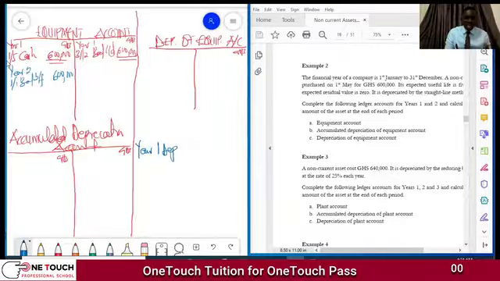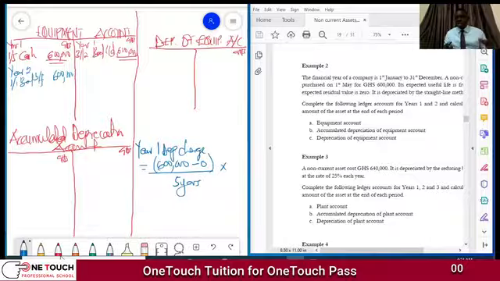Good. So here the year 1 depreciation charge will be equal to the cost of the asset, 600,000, minus scrap value, which is 0, divided by 5 years, times the months.